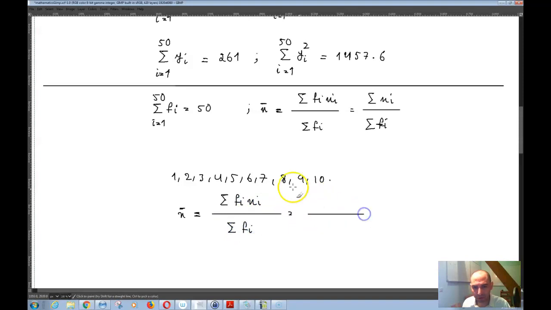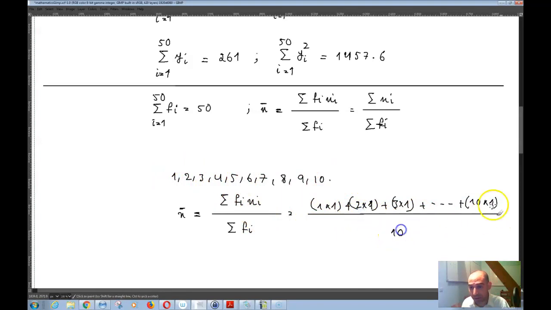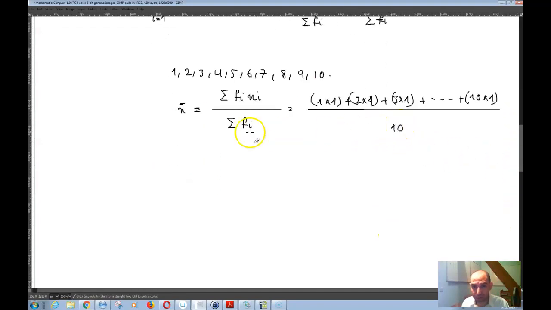So that would be equal to, for example, 1 times 1 plus 2 times 1 plus 3 times 1 plus all the way up to 10 times 1, divided by sigma f of i, which is equal to 10 in this case. So this is sigma f of i.